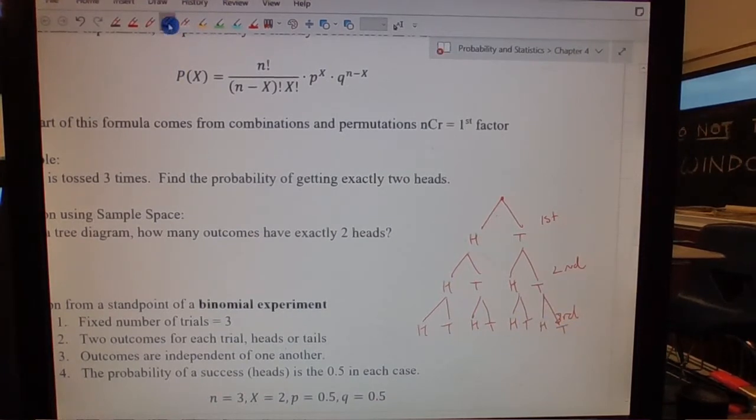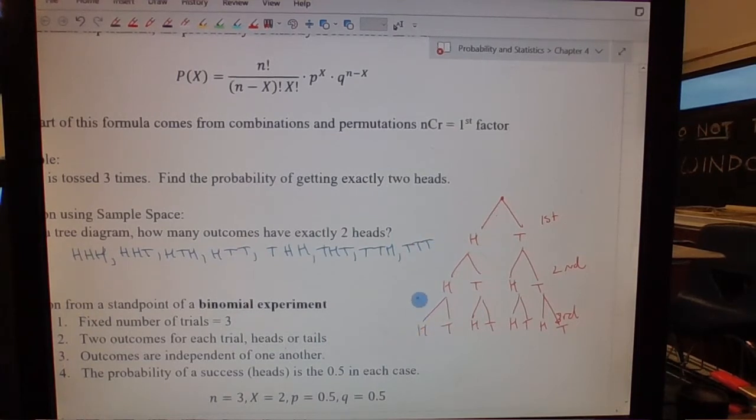So now just following this tree, we could have had heads, heads, heads. We could have had heads, heads, tails. Heads, tails, heads. And heads, tails, tails. The next ones we could have tails, heads, heads; tails, heads, tails; tails, tails, heads; and tails, tails, tails.